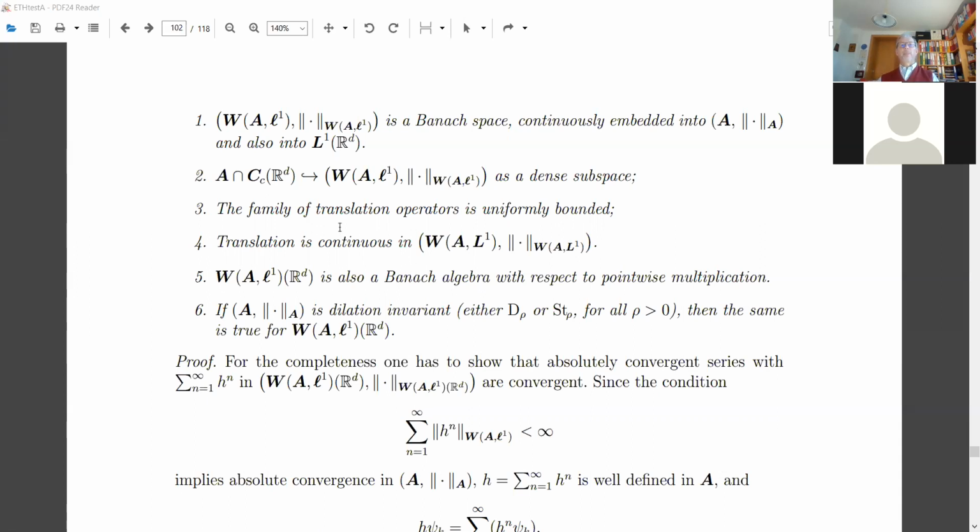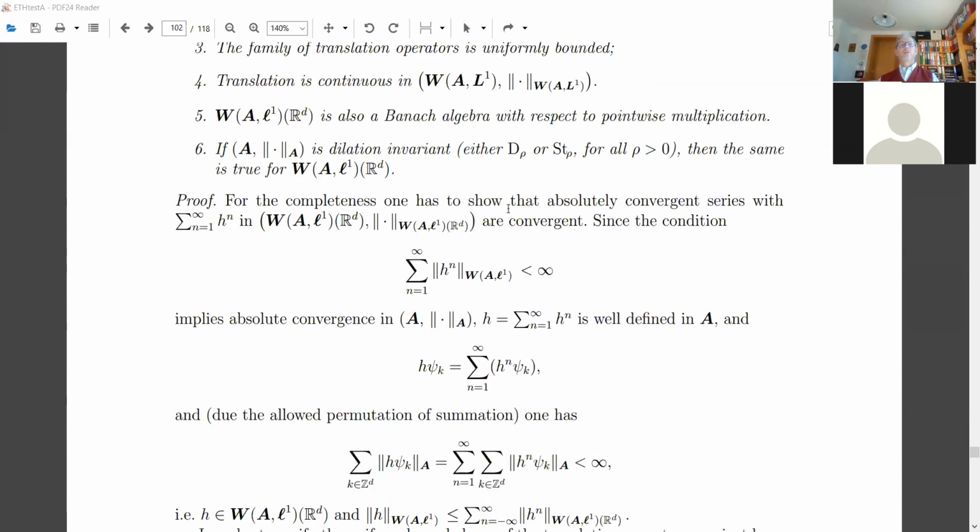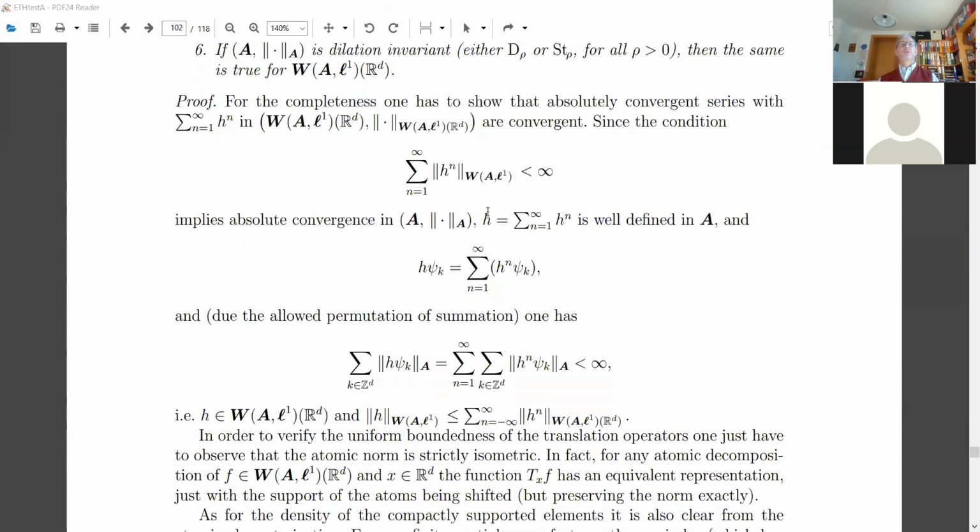So maybe I'm trying to explain now how to prove various things and why I'm choosing certain arguments. I'm not going through all the details, but I would like to give you a background on why I'm choosing certain arguments. And if you find some gap in my argumentation in the written version, please let me know, even if the gap is only in your first understanding.